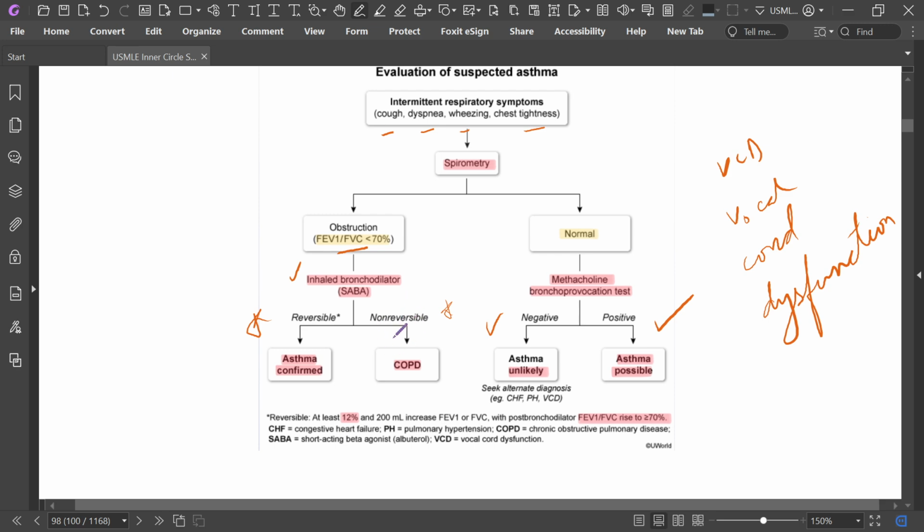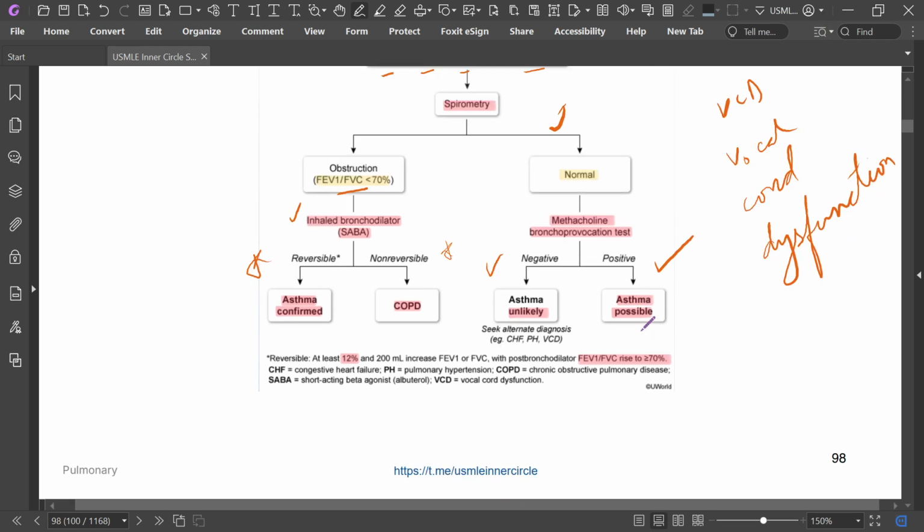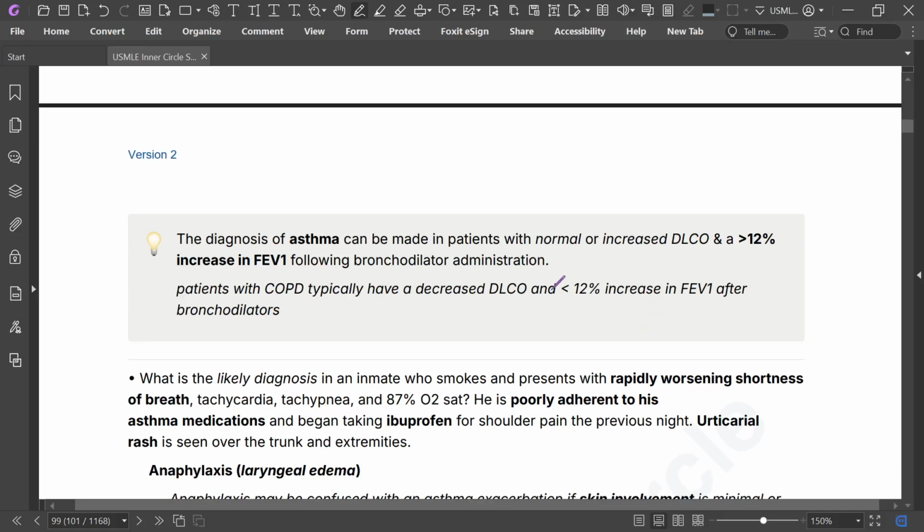If it is not reversible, it is COPD. And if it is normal but you are thinking about asthma, then you should give methacholine. If methacholine causes bronchoconstriction, then asthma is possible. If not, asthma is unlikely, so seek alternate diagnoses: congestive heart failure, pulmonary hypertension, and vocal cord dysfunction.